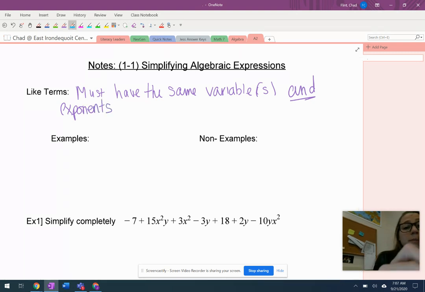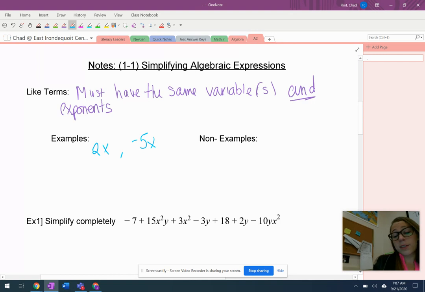For example, 2x and negative 5x are like terms because they both have the same variable and they both have an exponent of 1, which isn't written.